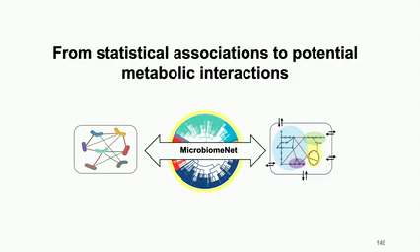We know we can get a GEM and get their metabolic potential. And we also have large-scale association networks from the Human Microbiome Project and a lot of studies. The microbes are highly associated with each other. But why are they highly associated, and how do they interact?